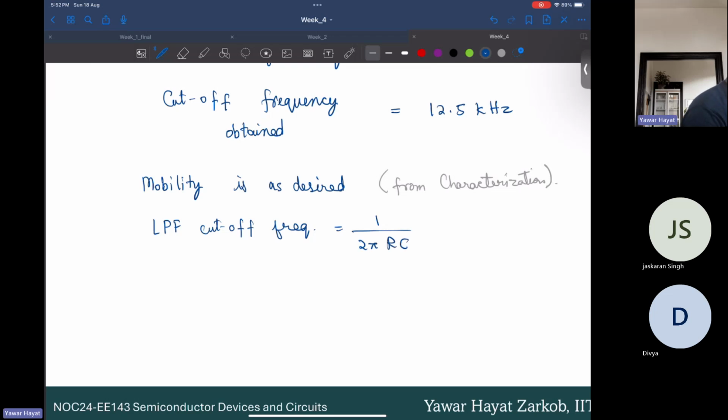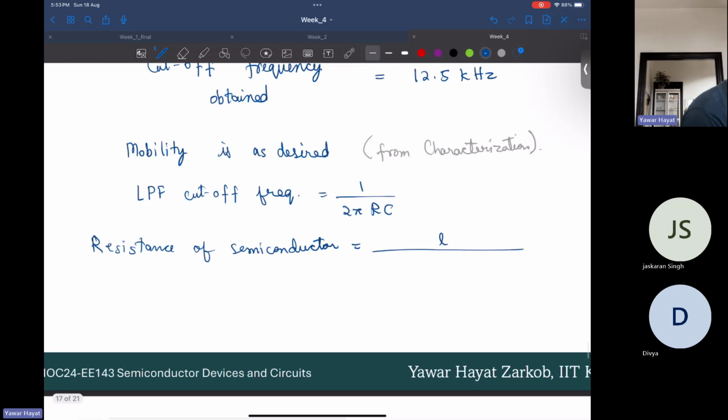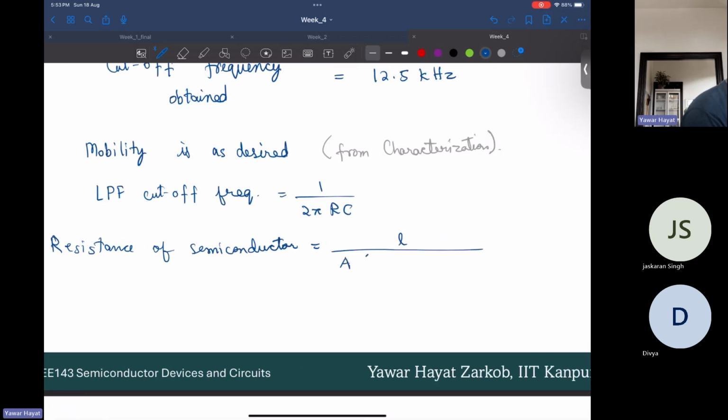From this question, we know that the semiconductor is used to make the resistance R. Resistance of the semiconductor is equal to L whole divided by A, and then mu n plus mu p times q.